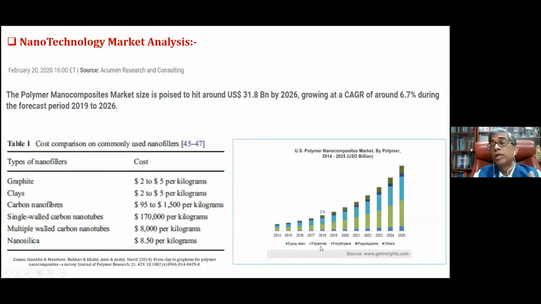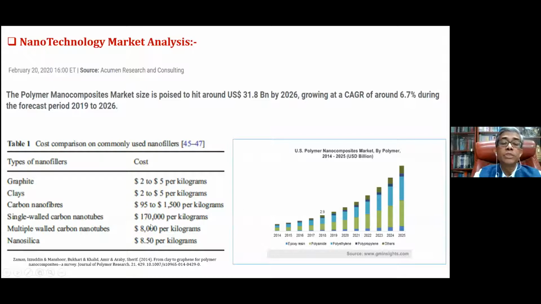Polyamide is the first polymer on which these clays were utilized, and very effectively. I'll show you some applications that have been developed. Polyethylene and polypropylene, especially for the packaging industry, have also been developed. If you put it together, you see a very strong, slightly exponential growth which is foreseen for this.